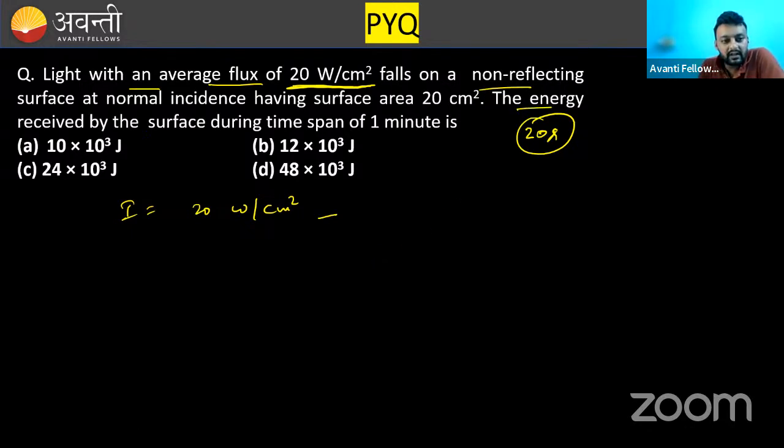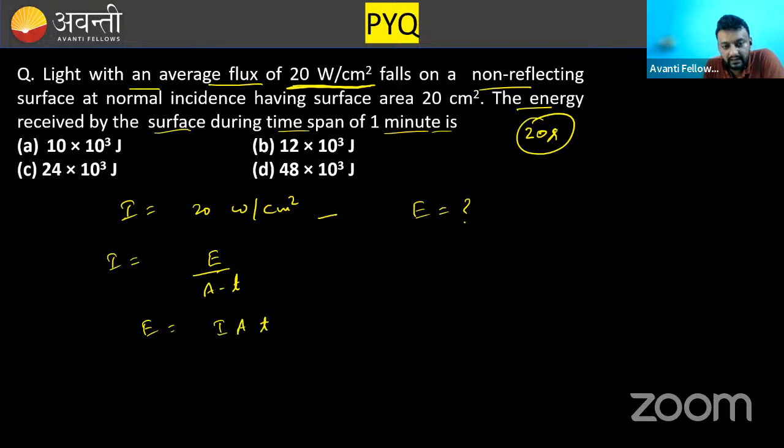The energy received by the surface during a time span of 1 minute. So they are asking for the energy received. You know the relation I is equal to E upon A into T. So E is equal to IAT. Place the values.